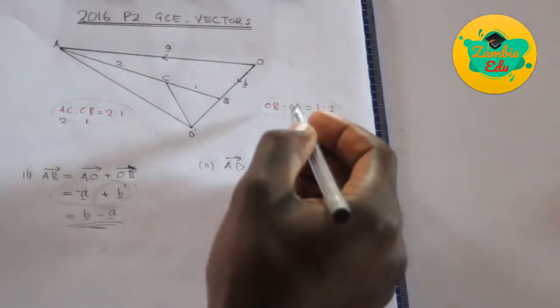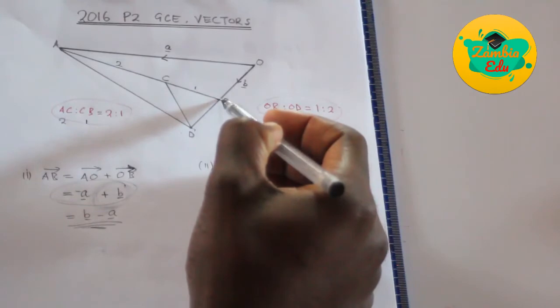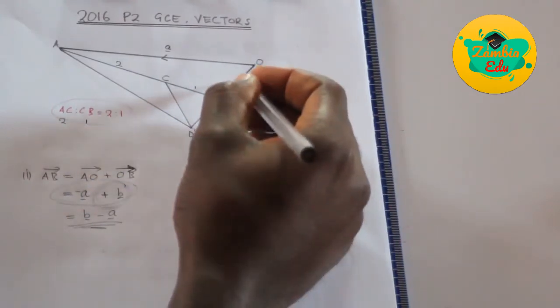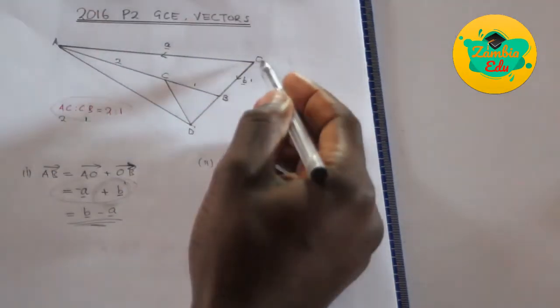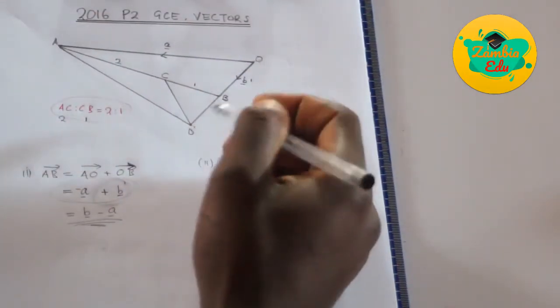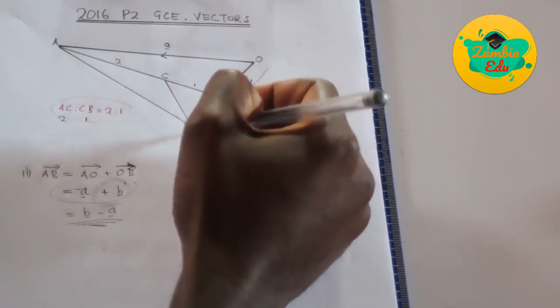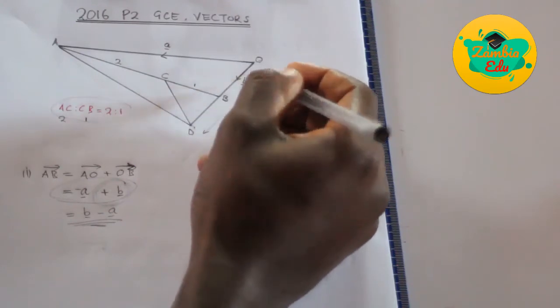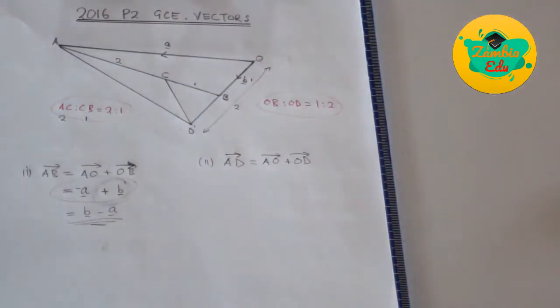But if we come to this one, we are looking at O to B being 1, but then O to D being 2, literally the whole lot of it from here to here. We are saying it is 2. Now, what does this imply to us?